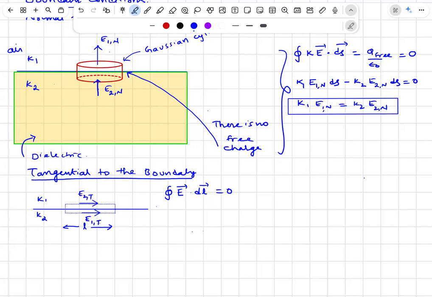The electric field is conservative. Work done by a conservative field in a closed path is zero. Okay.